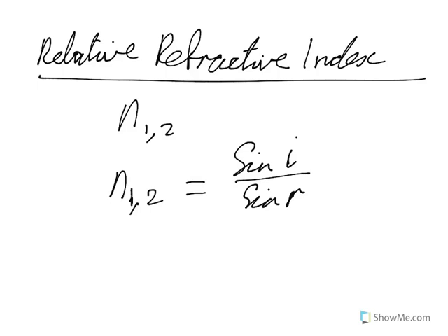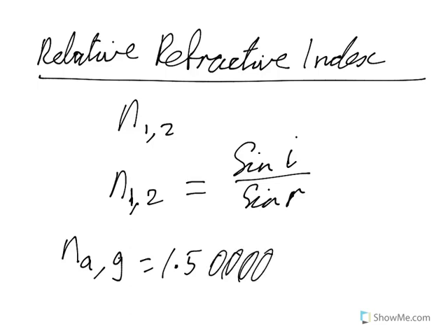Okay, so it's the refractive index of substance 2 relative to substance 1. So the example in your notes is air to glass, which is 1.5 with a lot of zeros. Okay, so that's a refractive index of glass relative to air.